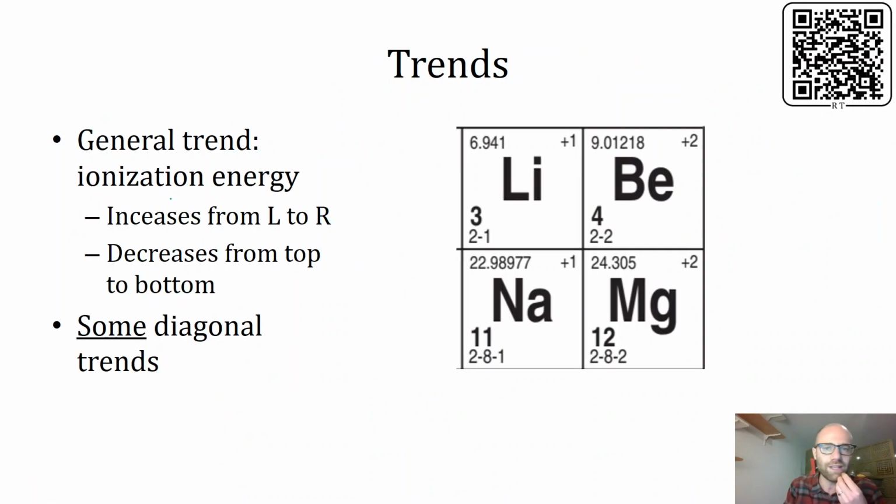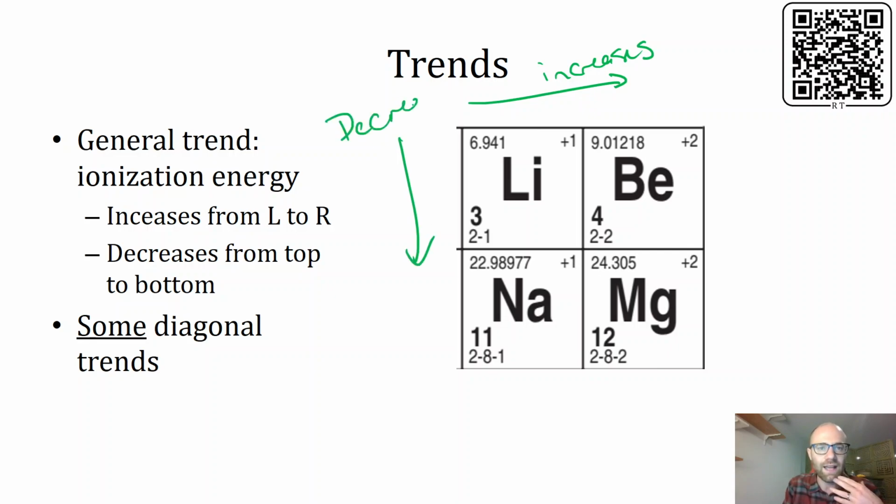So our general trend, just to echo what we saw before, this is a picture from your reference table, is that the ionization energy increases as you go from left to right across a period, and it decreases as you move from top to bottom.